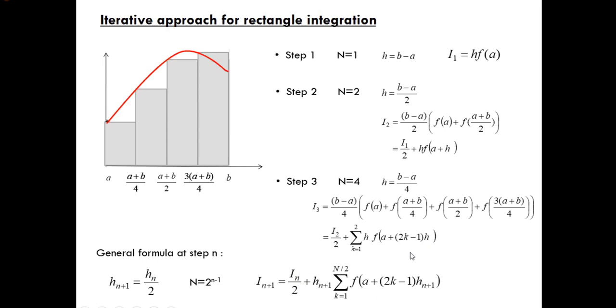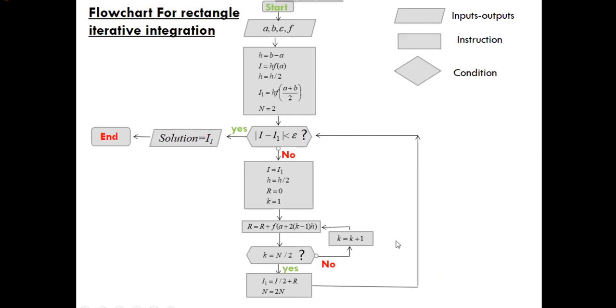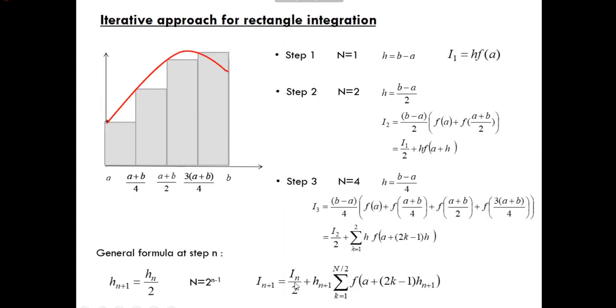The simplest method is to increase the number by 2 and then recalculate all the sum. But this is not very efficient from a computational standpoint. So this is an efficient method: you don't recalculate all the sum. You just calculate the points that are added when you divide the interval by 2. These correspond to the odd terms.